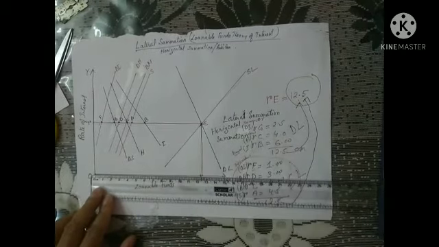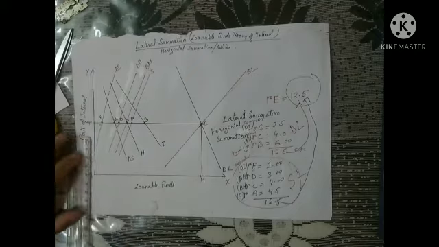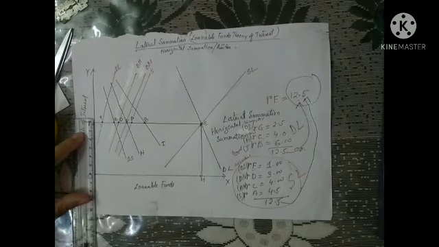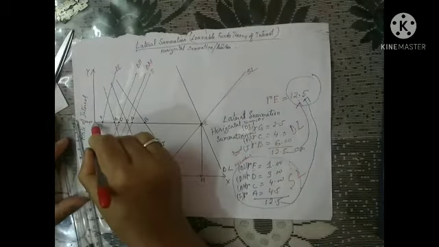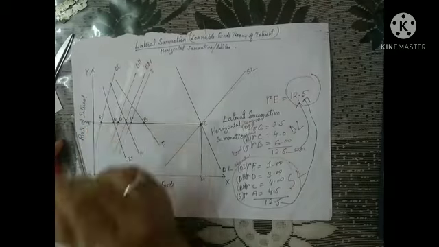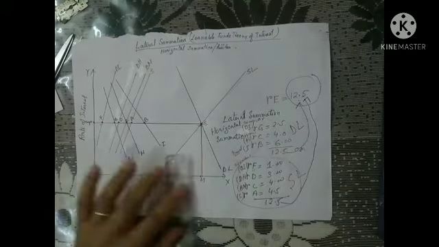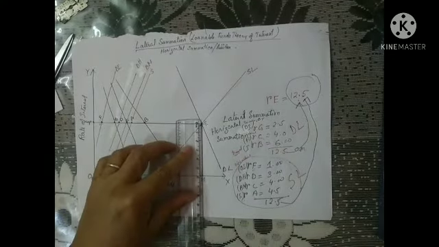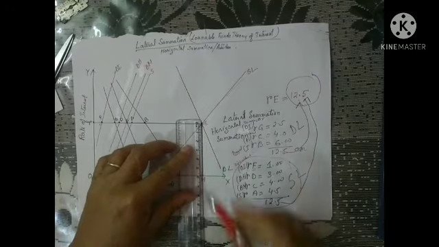Then you take any height. Mine is 6 centimeter. Take 6 centimeter and mark it as R, that is the rate of interest, and here also mark 6 centimeter up, and put a dot.